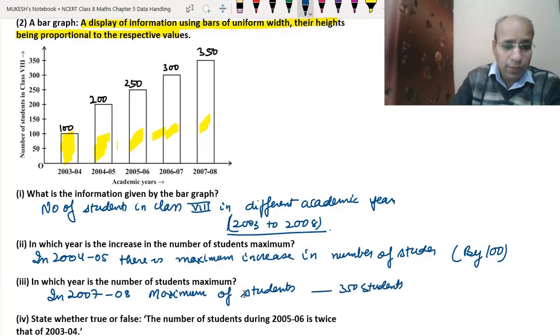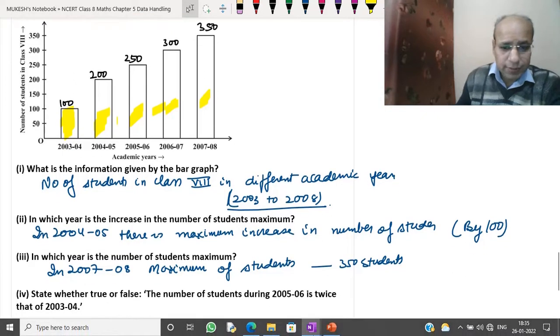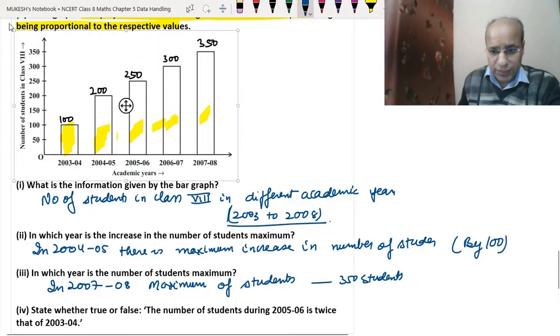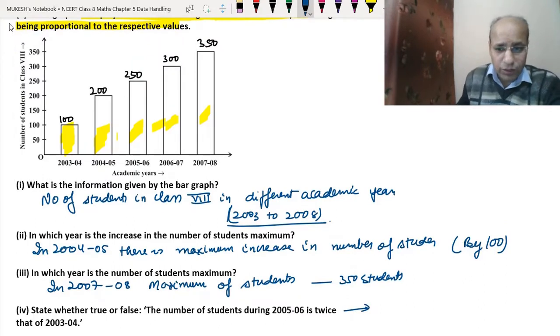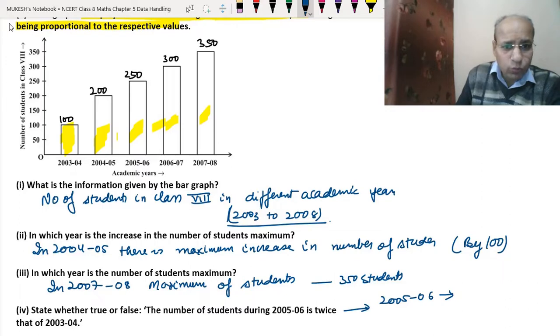Okay. Now the next question is, the number of students during 2005-2006 is twice that of 2003-4. We have to state whether it is true or false. We have to look at this diagram again. In 2005-6, how many students do we have? We have 250 students.